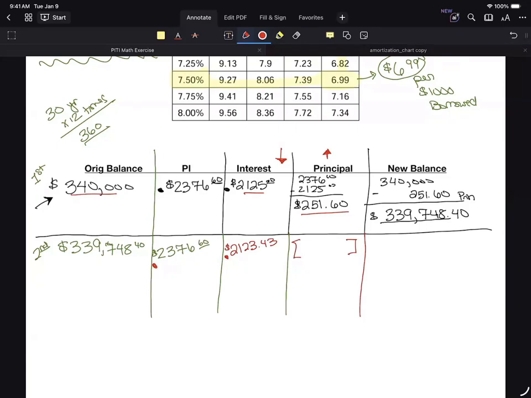Subtract it from the P&I that we're getting. 2376.60 subtract 2123.43 is 253.17. So we had a balance of 339,748.40, and after we make our next payment, we've reduced it by 253.17.